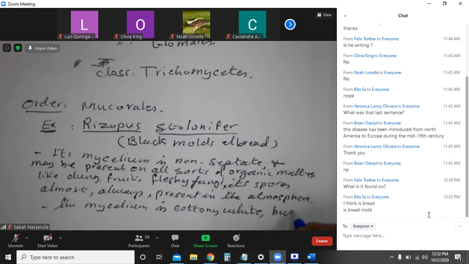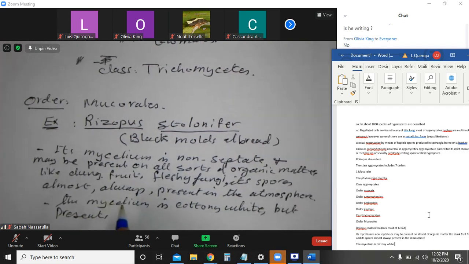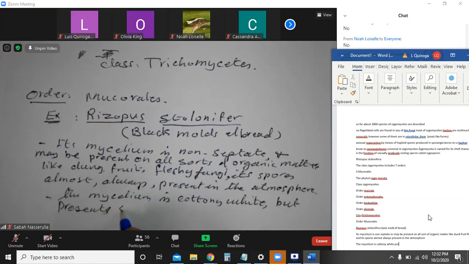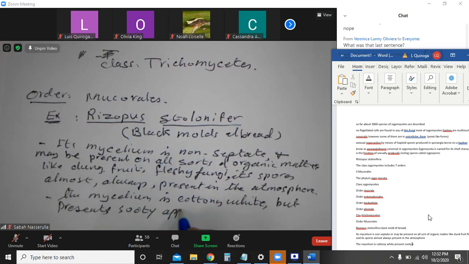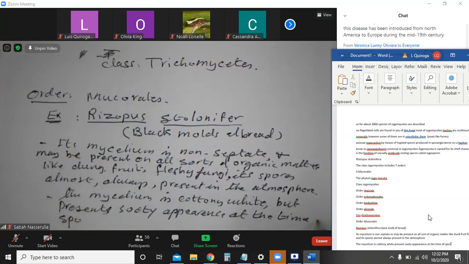But it presents what we call a sooty appearance, a black appearance, at the time of sporulation. At the time when they form the spores. Sporulation means formation of the spore.